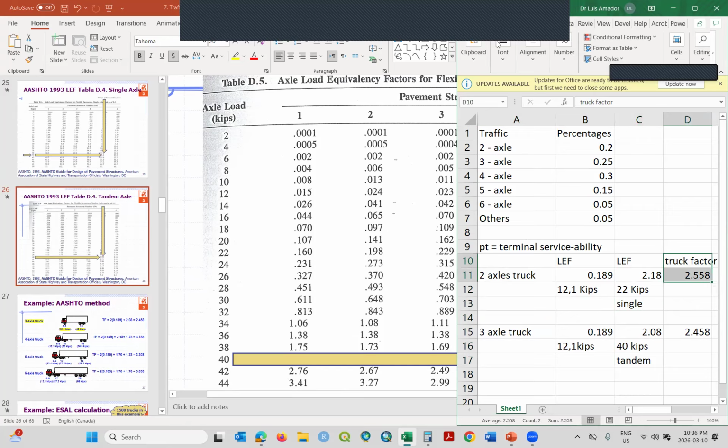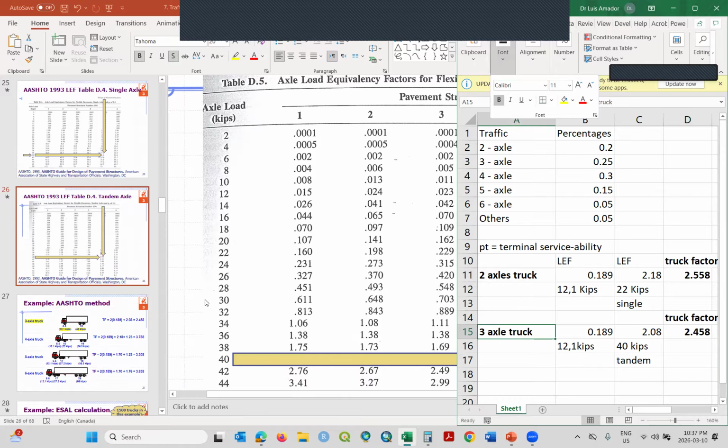Anyways, so we have here the truck factor for the two-axle and the truck factor for the three-axle.